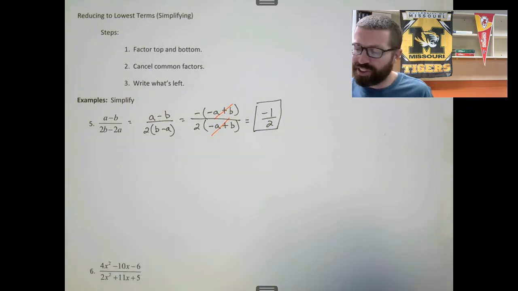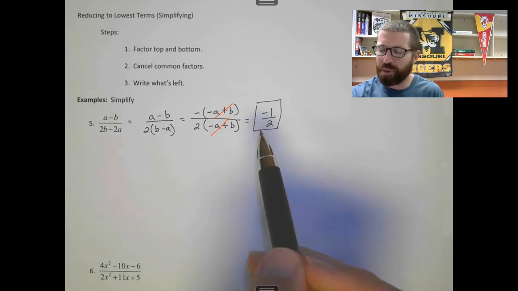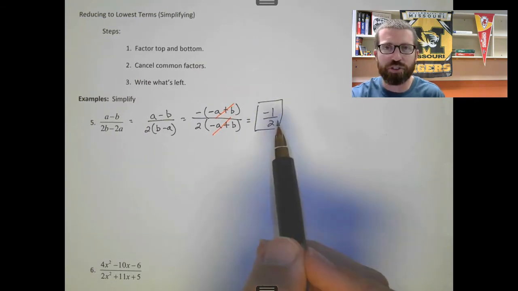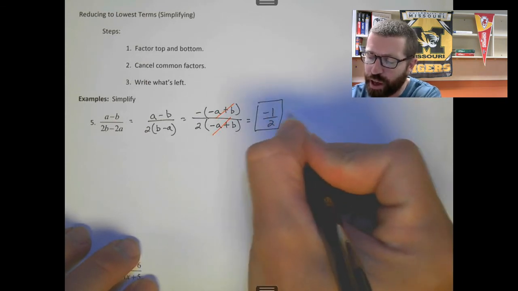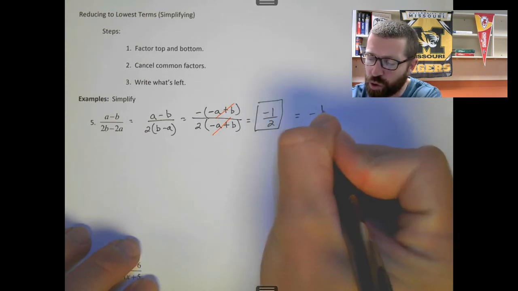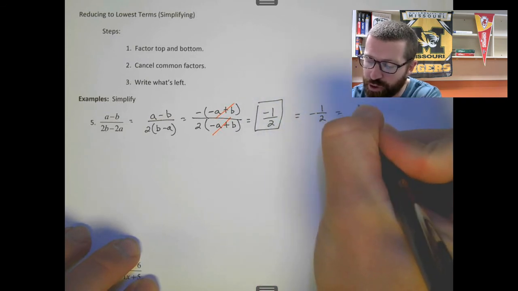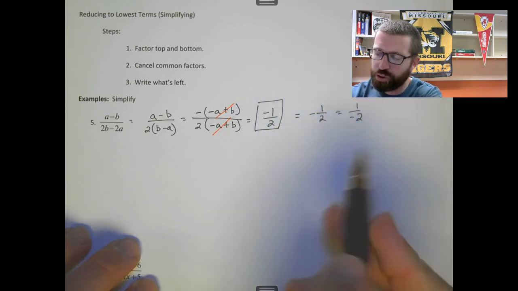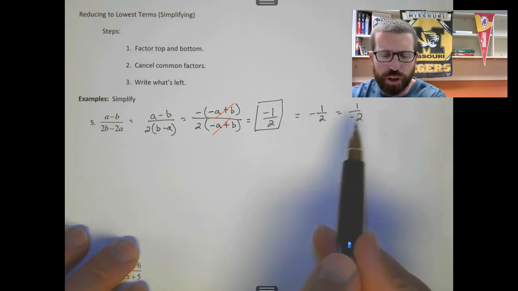One thing to keep in mind is that this negative sign is not really on top, or really on bottom. It's just that the whole fraction is negative, or the whole expression is negative. So -1/2 is the same as -1/2 written like that, and it's also the same as this. So all these are the same. Sometimes that's confusing for students.